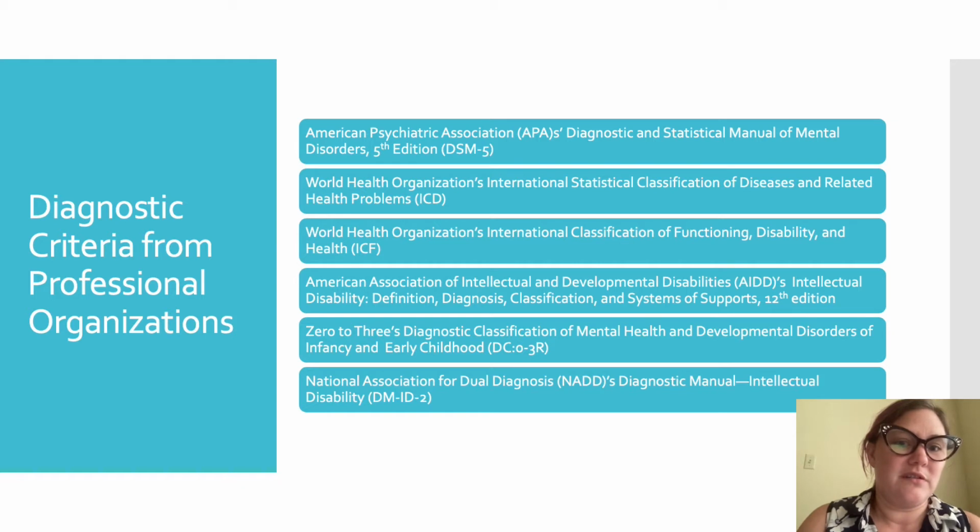So another organization that is important in defining developmental disability is the American Association of Intellectual and Developmental Disabilities. And they have a publication that is in its 12th edition called Intellectual Disability: Definitions, Diagnosis, Classification, and Systems of Support.